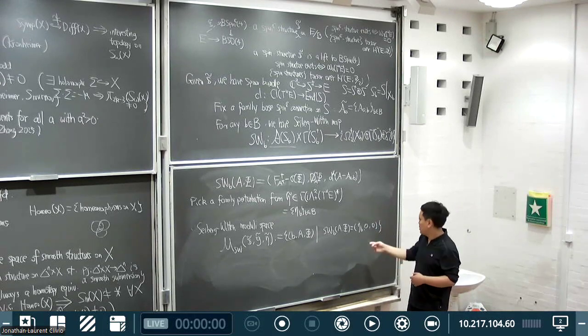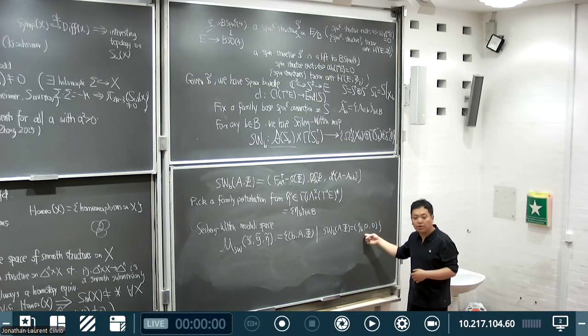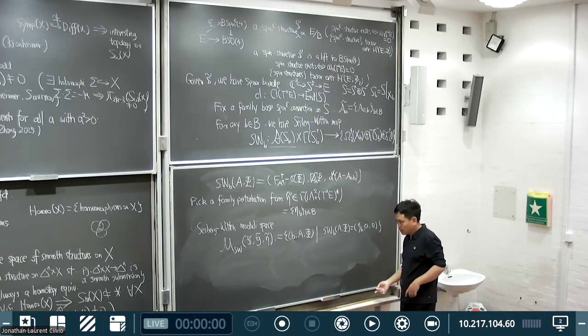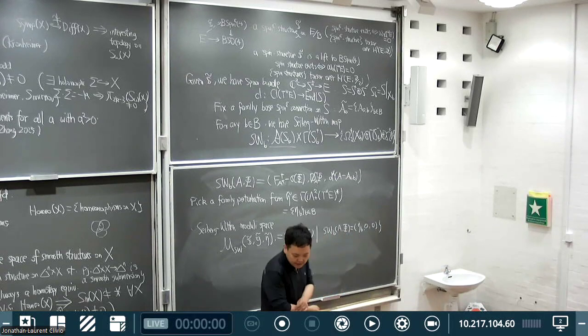In other words, we use this eta to perturb the curvature equation. This is the Seiberg-Witten moduli space.